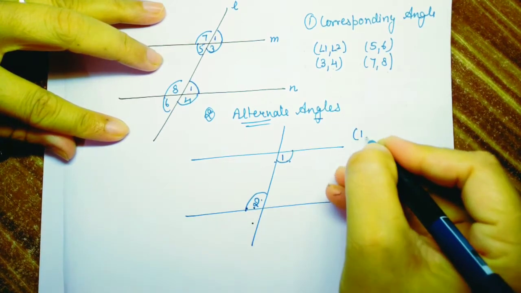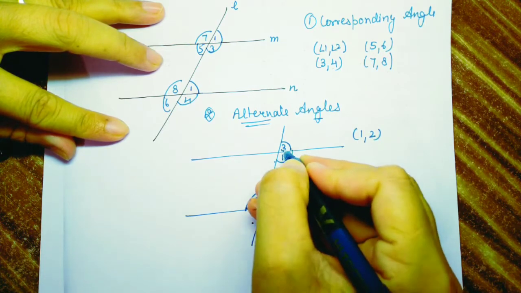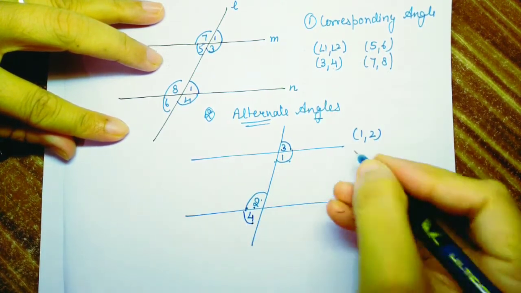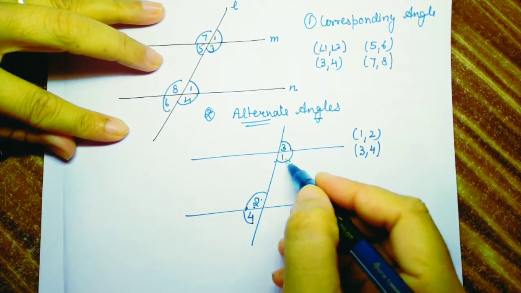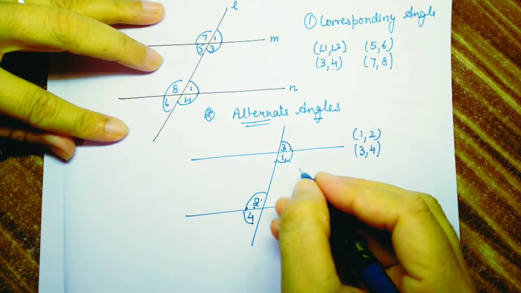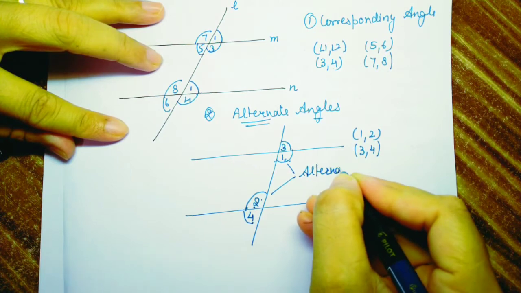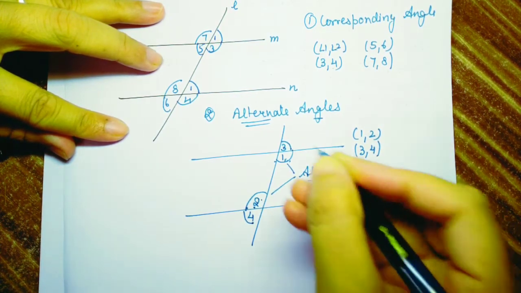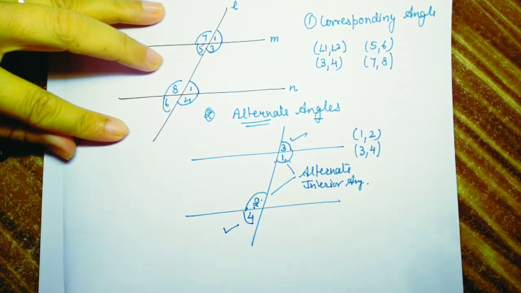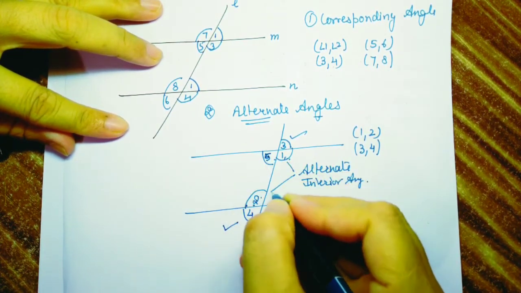So here the first pair is 1 and 2. If I draw angle 3 here, its opposite side is downside, angle 4. So angles 3 and 4 are also a pair of alternate angles. But these are inside, so they are called alternate interior angles. And these angles are outside, so we call them alternate exterior angles. So another pair is here, 5 and 6.